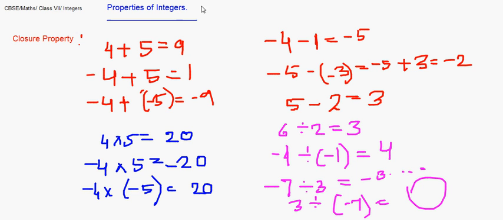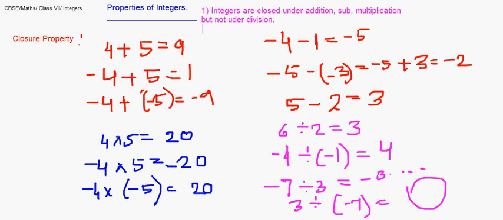So I'll write here above, our first property is: integers are closed under addition, subtraction, multiplication, but not under division. So that's our first property, the closure property of integers.